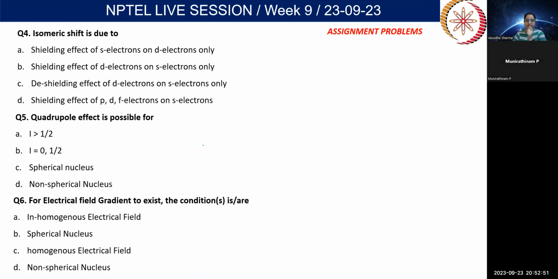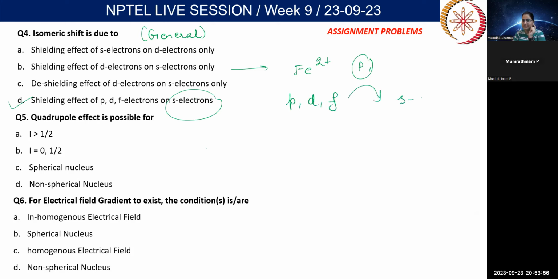Okay. I understood why you said it, because it was in the case of iron. We said that p is constant, so that's why it is not affecting. But actually the general and right definition is shielding effect of p, d, f electrons on s electrons. In the last lecture we were making the radial function graph, and there we specifically said that p, d, f electrons shield the s electrons from the nucleus.